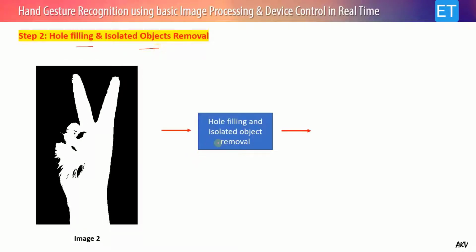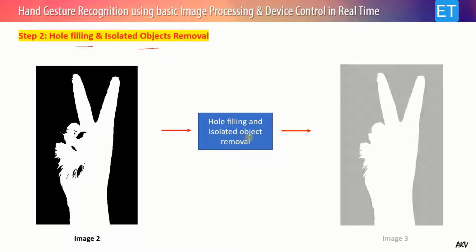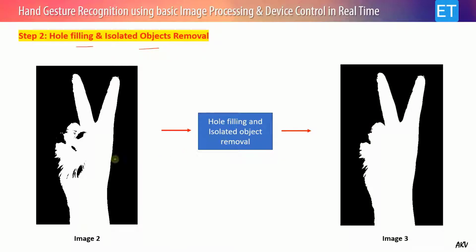This is achieved by some morphological image processing steps. Those will be clear during the code section, where I will explain the related code. This is the corresponding output, and you can clearly see that all these holes or shaded areas are now removed, and these isolated pixels are also removed. So your image is now perfect for further steps.